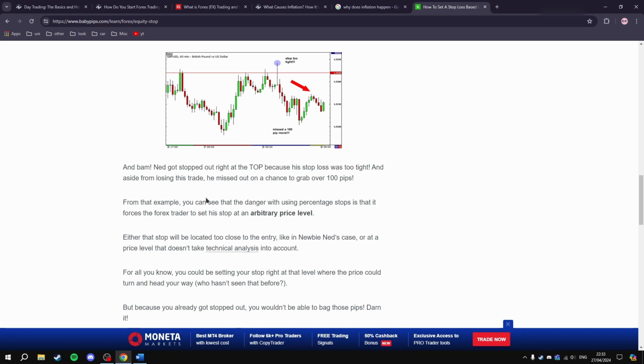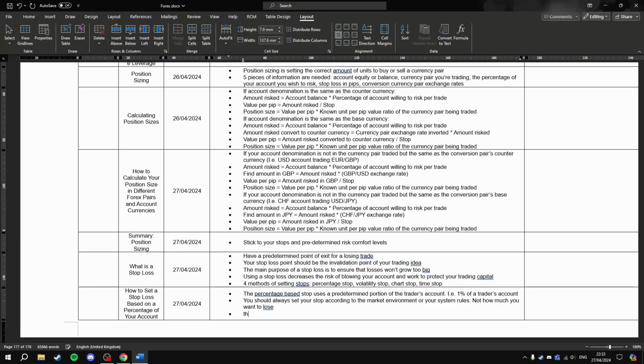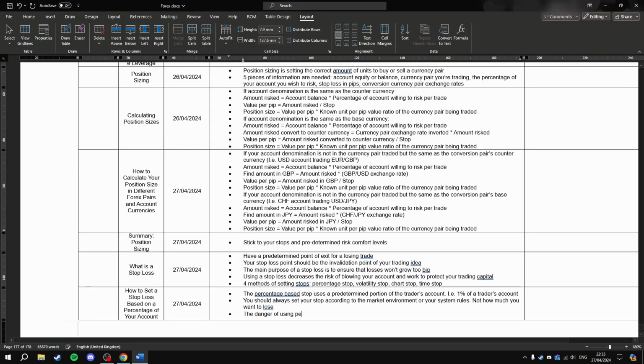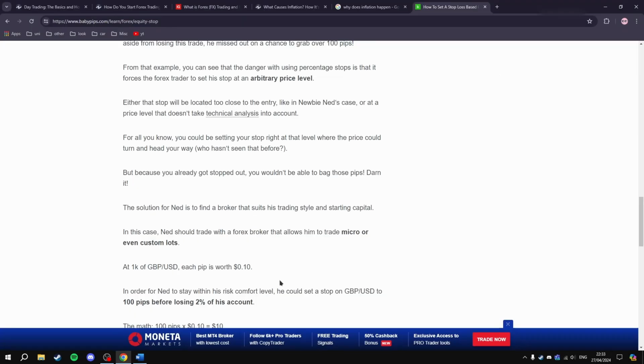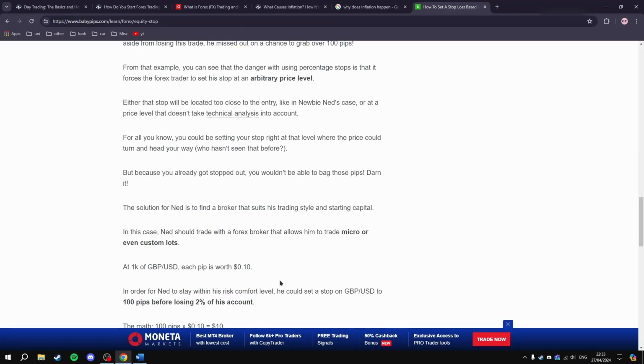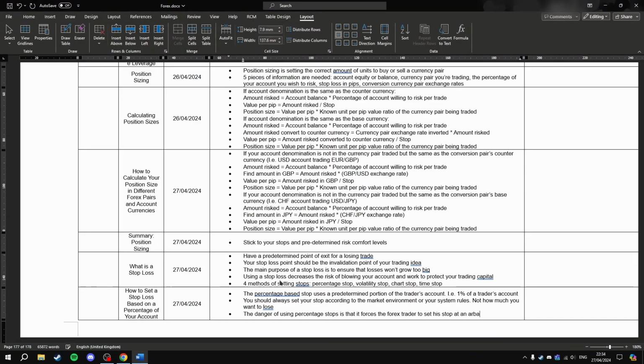From that example, you can see that the danger with using percentage stops is that it forces the Forex trader to set his stop at an arbitrary price level.